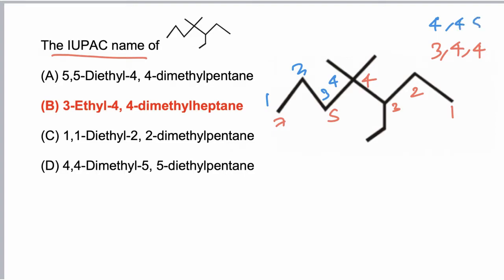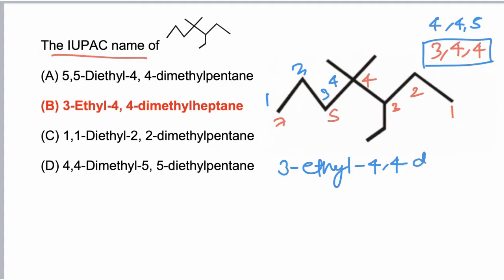According to the lowest set of locants rule, numbering should be done from the right-hand side. At the third position an ethyl group is present, so 3-ethyl, 4,4-dimethyl. Total 7 carbon atoms are present in the main chain, hence heptane. So the correct answer is B, 3-ethyl-4,4-dimethylheptane.